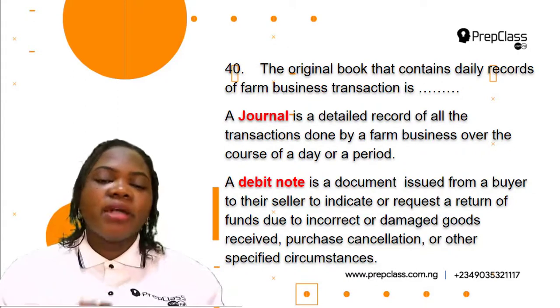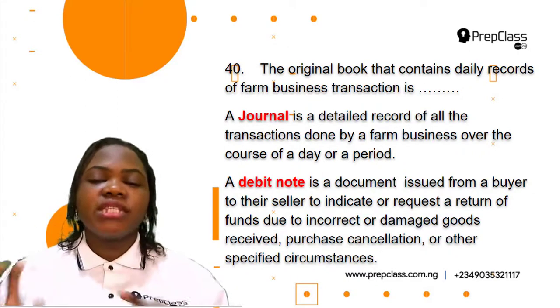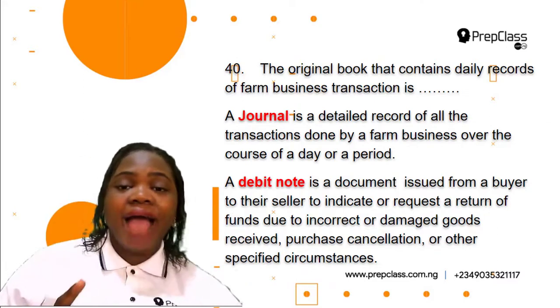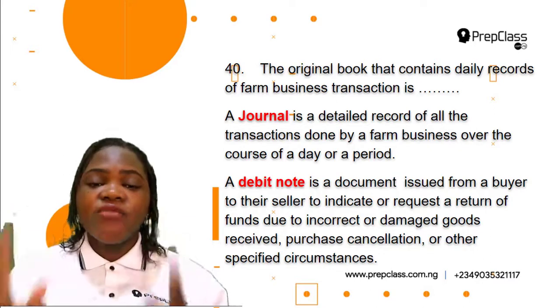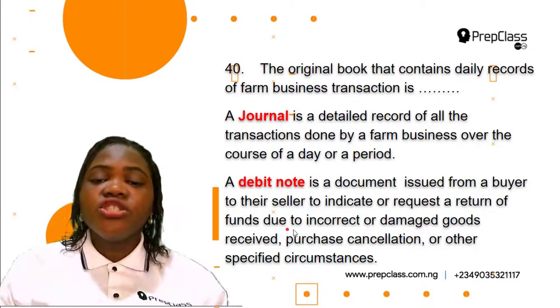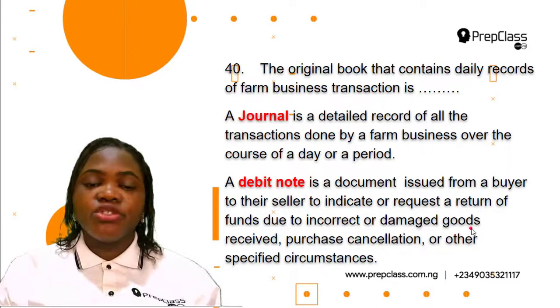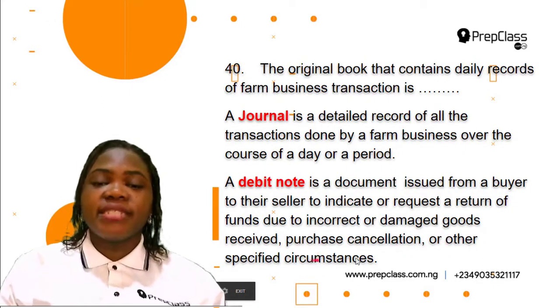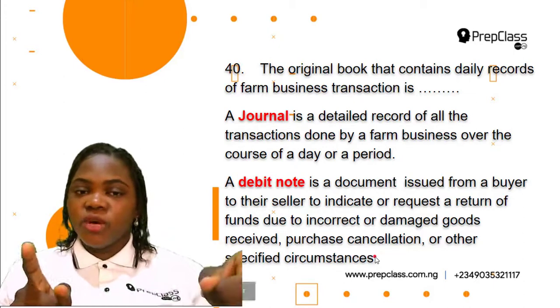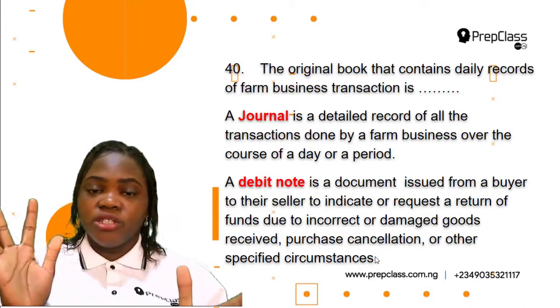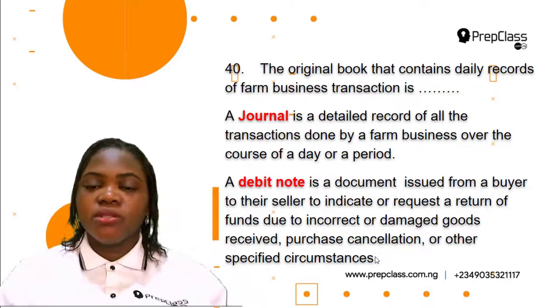Okay, so what about debit notes? A debit note is a document issued from a buyer to their seller to indicate or request a return of their funds due to incorrect or damaged goods received, purchase, cancellation, or other specified circumstances. Okay, so remember in one of the questions we did, we talked about credit note. Okay, so now this is debit note.